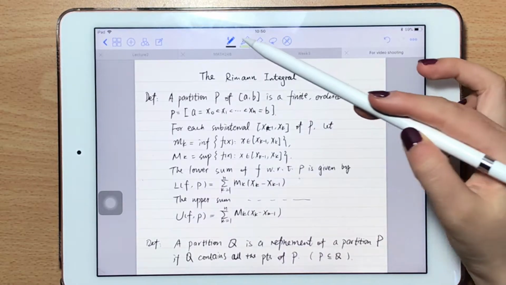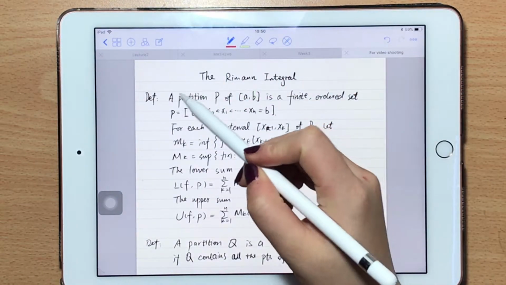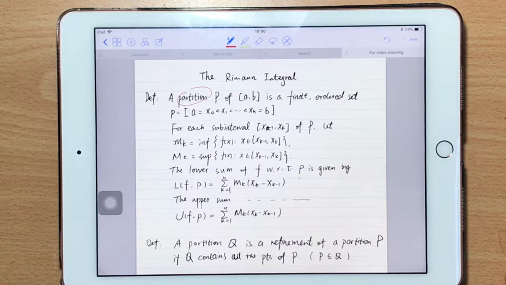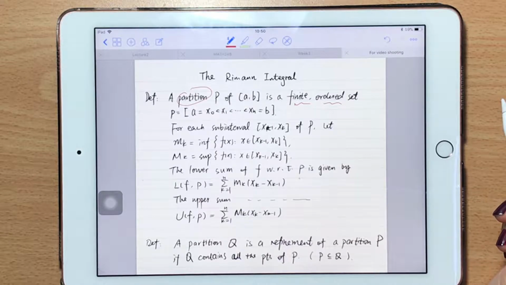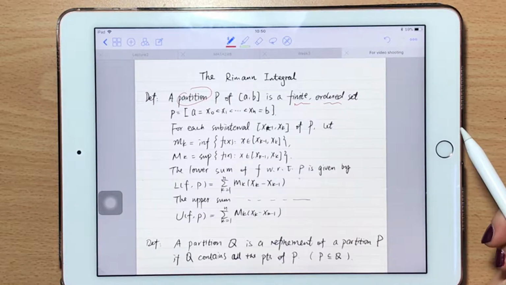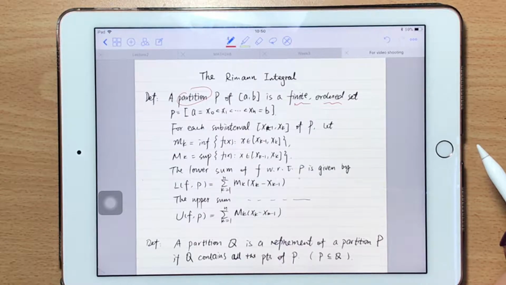So a partition P of an interval [a, b] is a finite and ordered set P. It's like what we did to first divide the interval into several, actually a lot of small subsets, right?